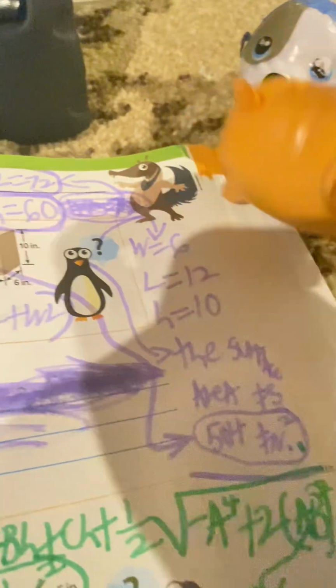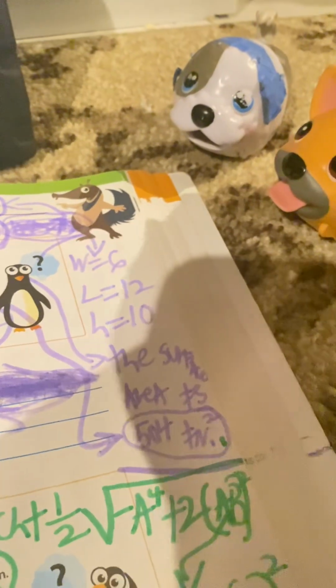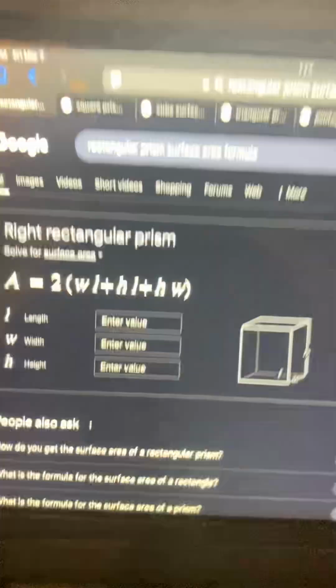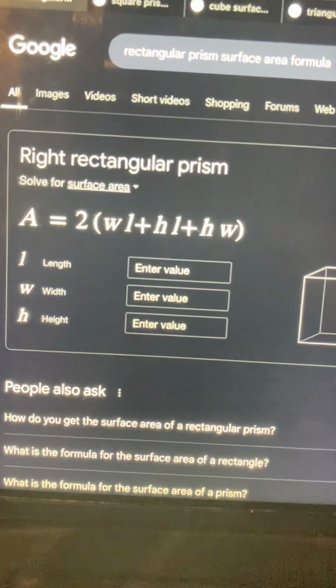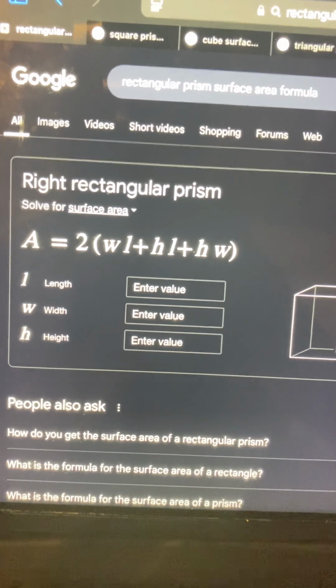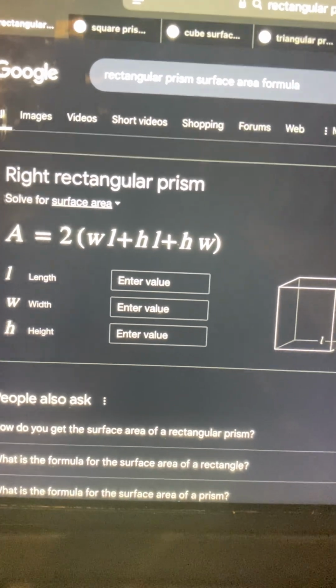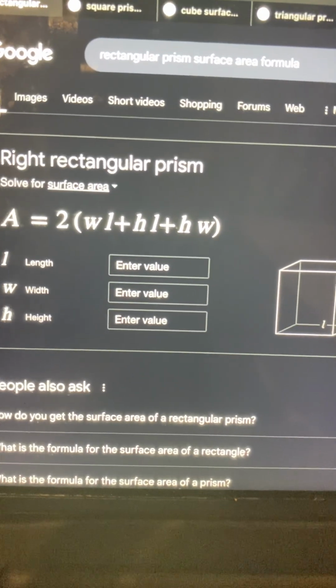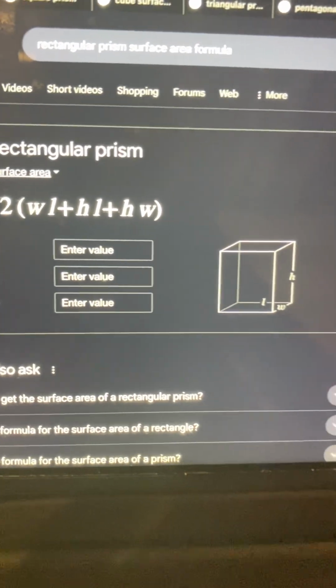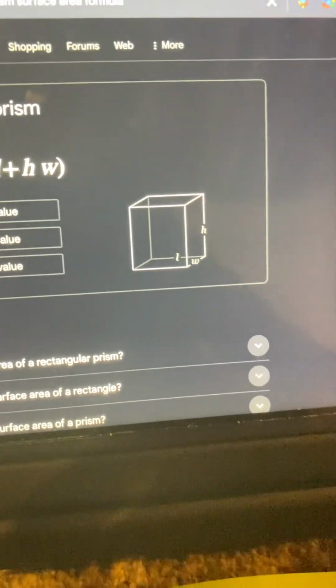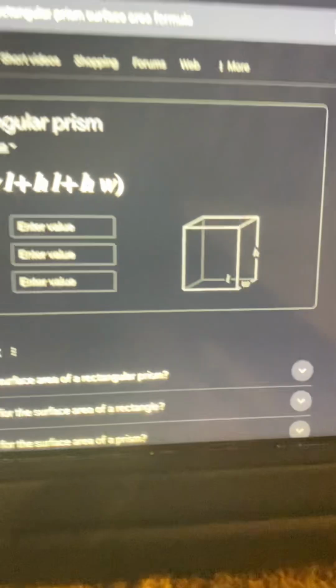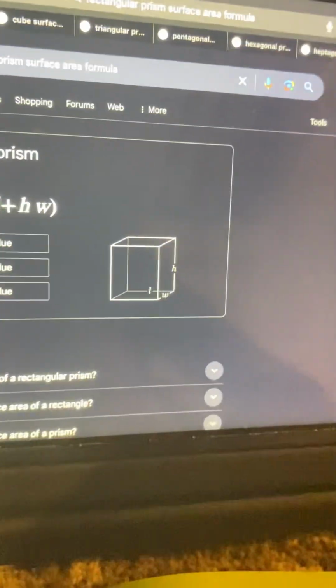Well, for one thing, the surface area of a rectangular prism must be this formula. A equals 2 times (WL plus HL plus HW). That is the surface area of a right rectangular prism because it has a 90-degree angle. That's why it's a right prism.